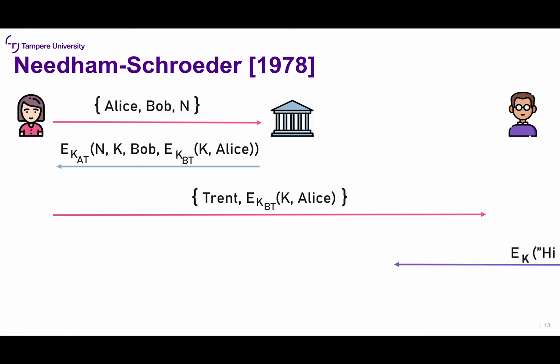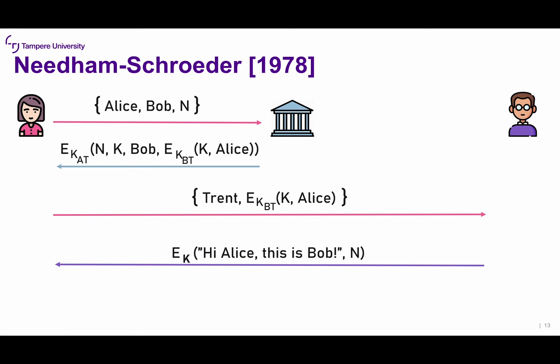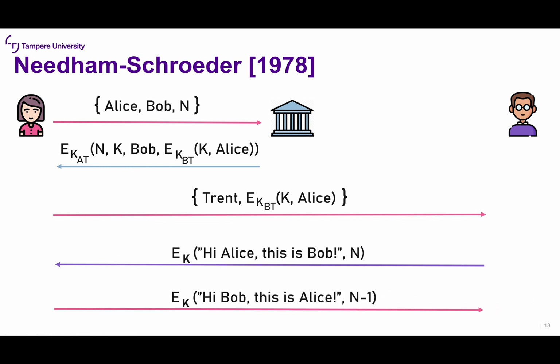And finally, Bob will use K to communicate with Alice and say, hi Alice, this is Bob. Here is the nonce that you generated in the first place. Okay, and so obviously here Alice would have to send the nonce as well. And yeah, sorry about that.